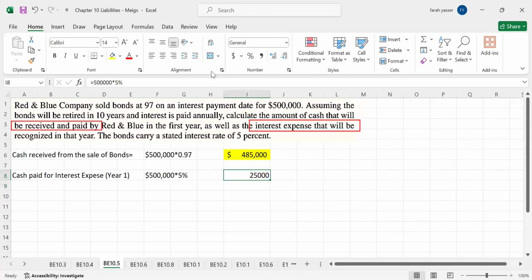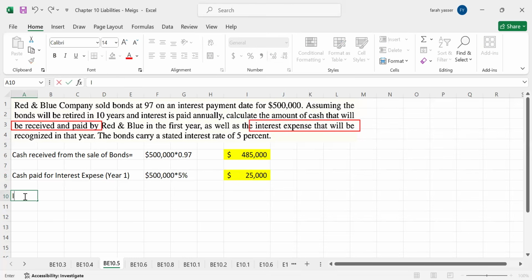So this is the cash payment of interest to the bondholder. The next is the interest that will be recognized. So we are going to calculate the interest expense that will be recognized.